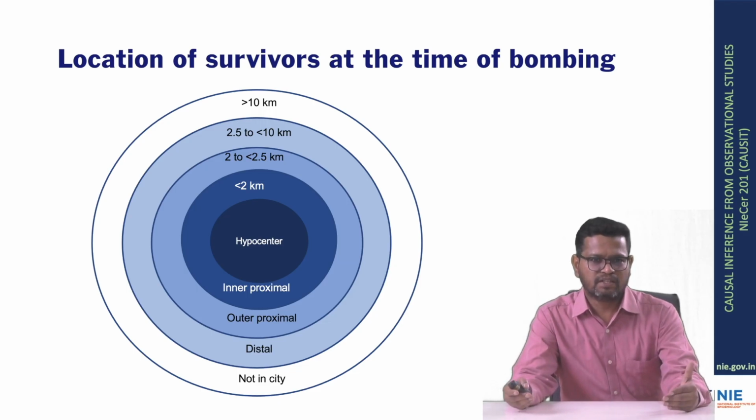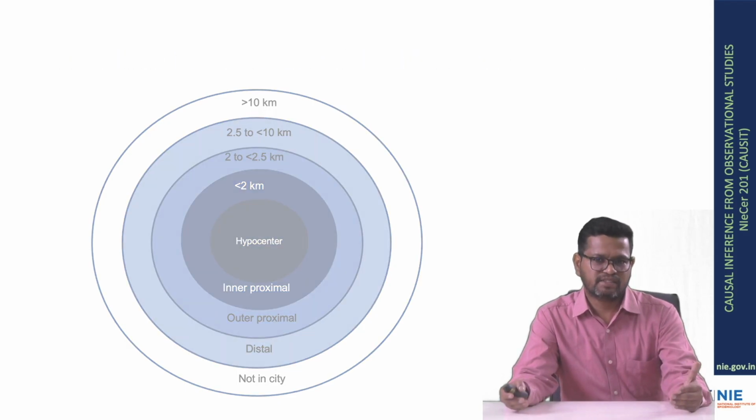These are called distal survivors. And then people who were not in either city, that is more than 10 kilometers from the hypocenters at the time of the bombings, and they were sex and age matched to the inner proximal survivors, and these were classified as not in the city.